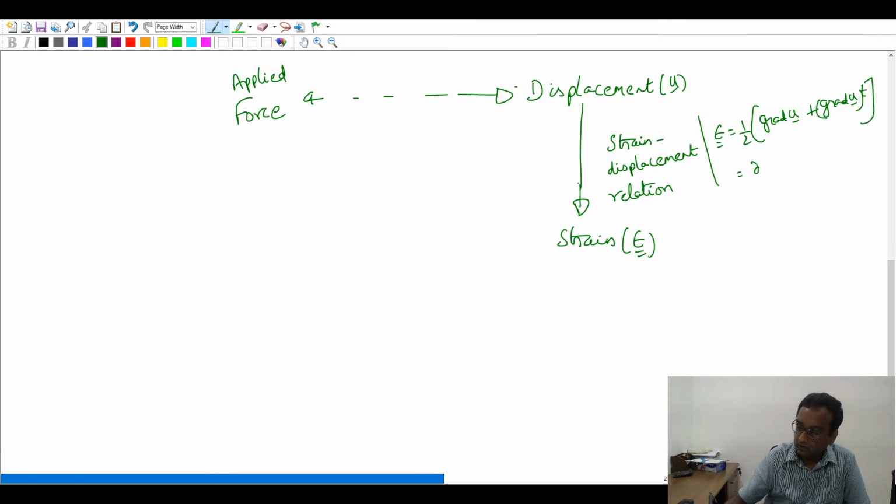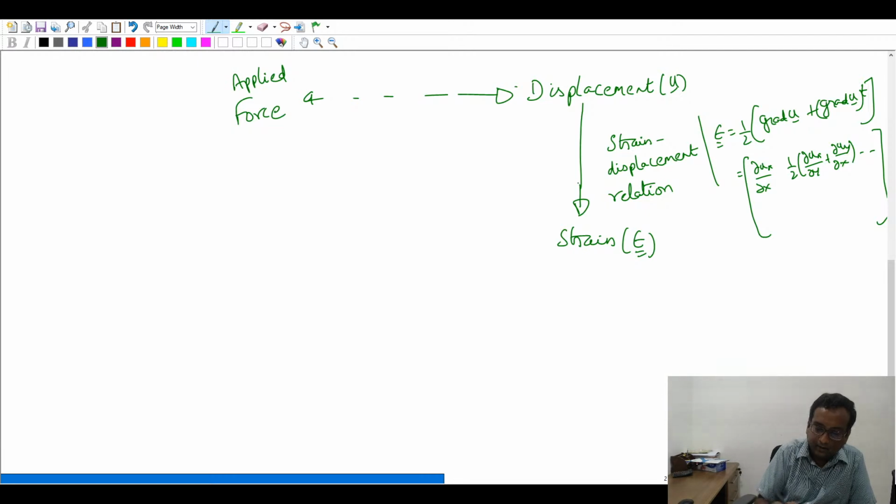Where it was dou u x by dou x, 1 half dou u x by dou y plus dou u y by dou x, and so on, right? So this is the strain displacement relationship in there.